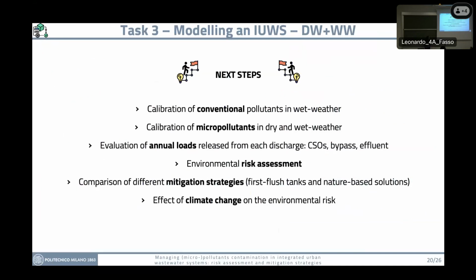And moreover, for the mitigation strategies, we want to compare two different technologies that actually are the first flush tanks and nature-based solutions. And in the end, we would like also to assess the effect of climate change on the environmental risk. Changing maybe the dilution factor, something will happen.